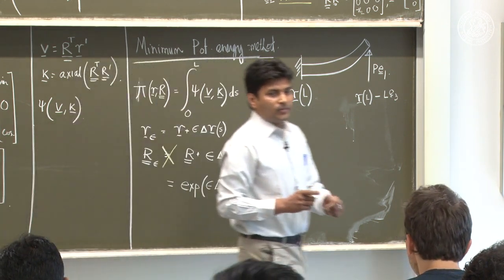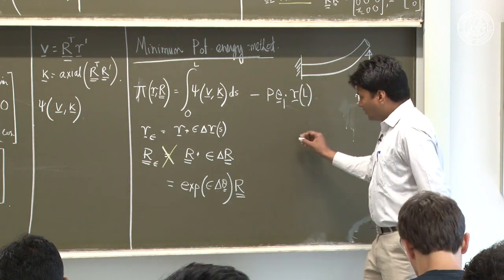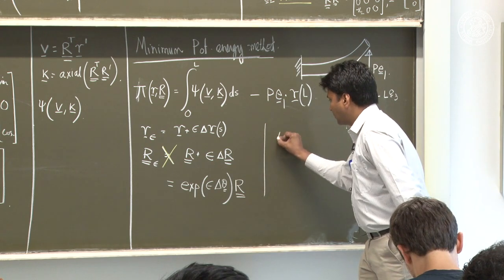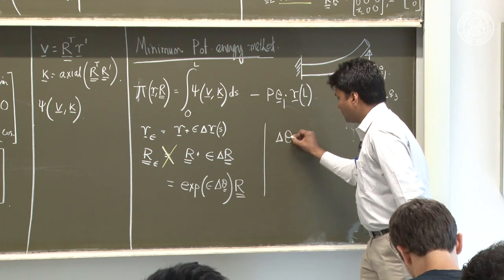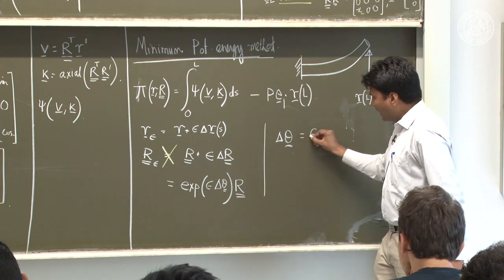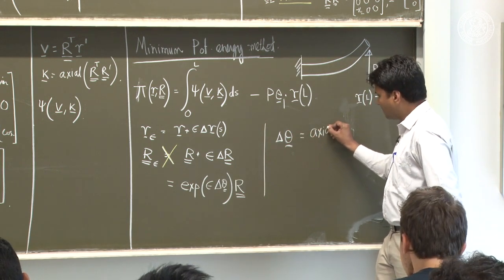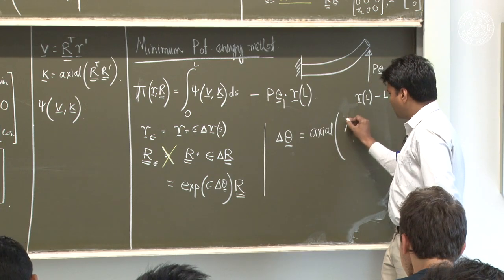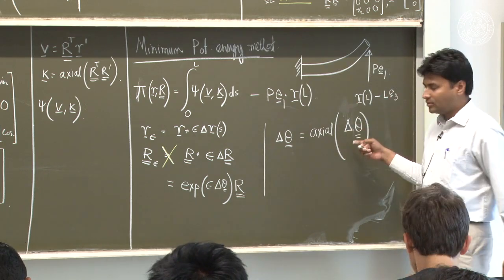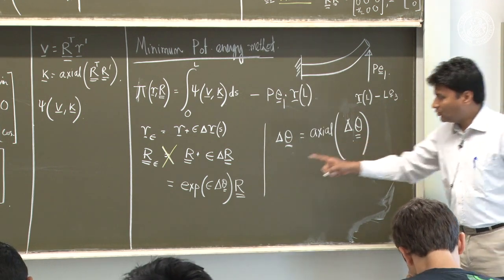So when you get your little delta theta, the single tilde, this is the axial vector of this skew symmetric delta theta that you have over here.